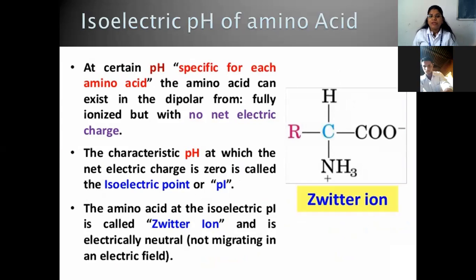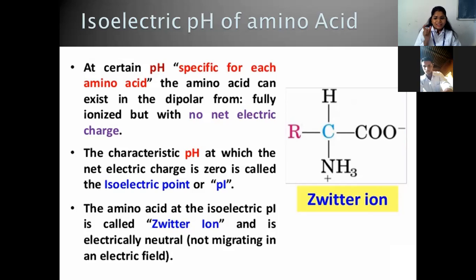Then next we'll discuss the isoelectric pH of amino acid. Basically, what is isoelectric pH, or what exactly is the isoelectric point? Isoelectric pH is the pH when the net charge of the solution is 0. And why does it become 0?